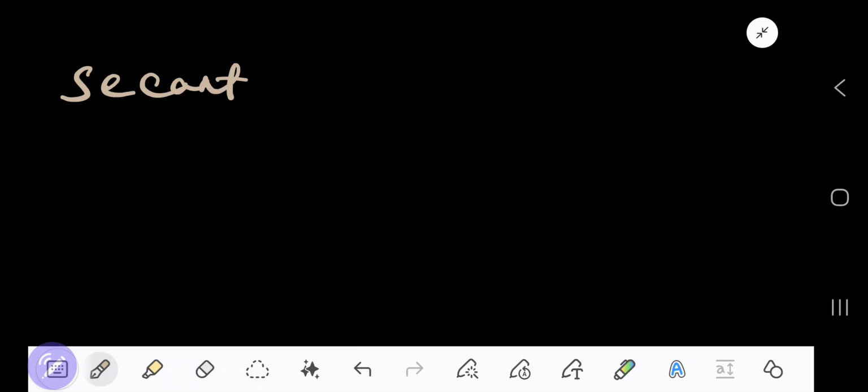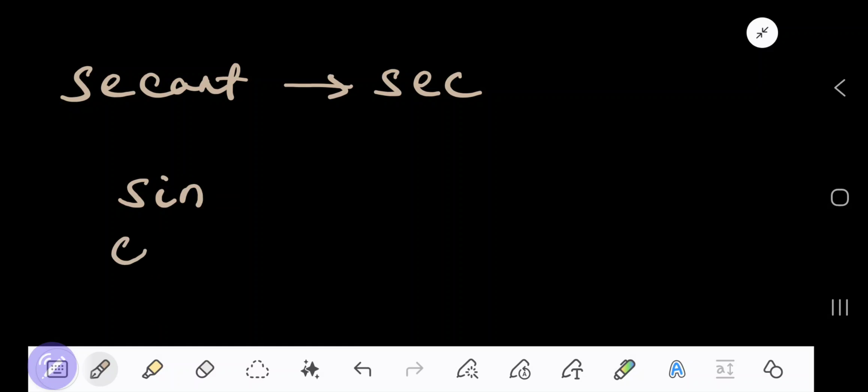And next one, secant, is the opposite of cosine, right? Remember our second one. So I'll just make a quick table which will help you, right?